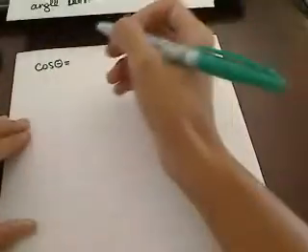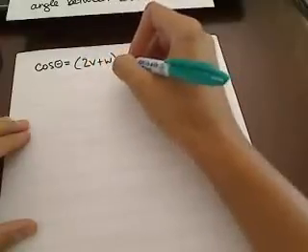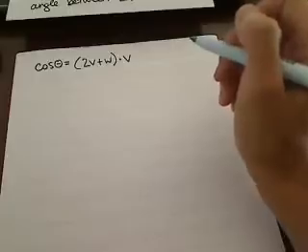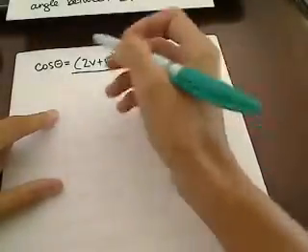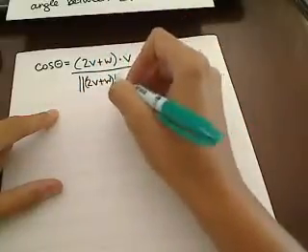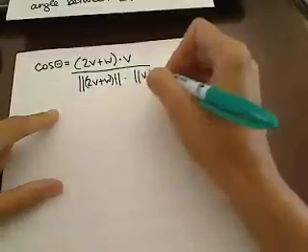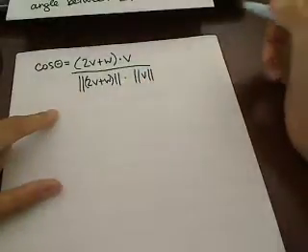So this becomes my 2v plus w vector dotted with v, and in the bottom we have the magnitude of 2v plus w times the magnitude of v.